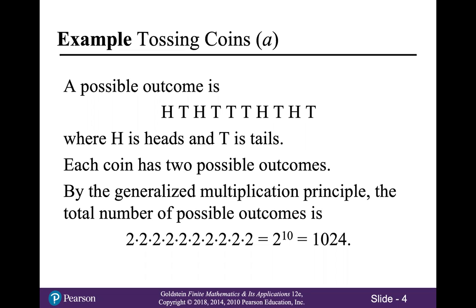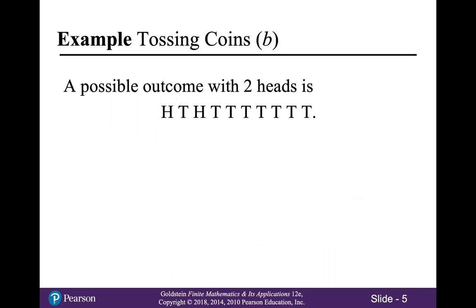So if you ever notice that, just keep in mind that automatically means the answers to all of the later questions, right? How many outcomes have exactly 2 heads, at most 2 heads, at least 2 heads? All of those outcomes have to be less than 1024, right? Because this is the grand total. So just keep that in mind.